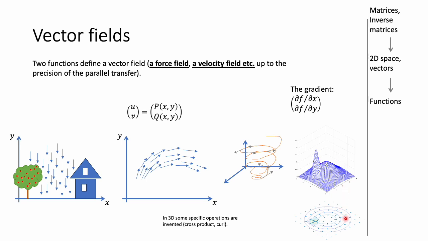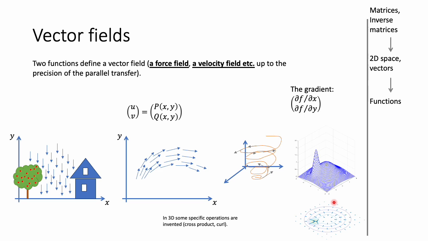How to think about the gradient? It's a vector field. Well, technically speaking, it's a covector rather than a vector, but in Cartesian coordinates it doesn't matter. The difference between vectors and covectors becomes evident in curved spaces, and maybe we'll touch on it a little bit.